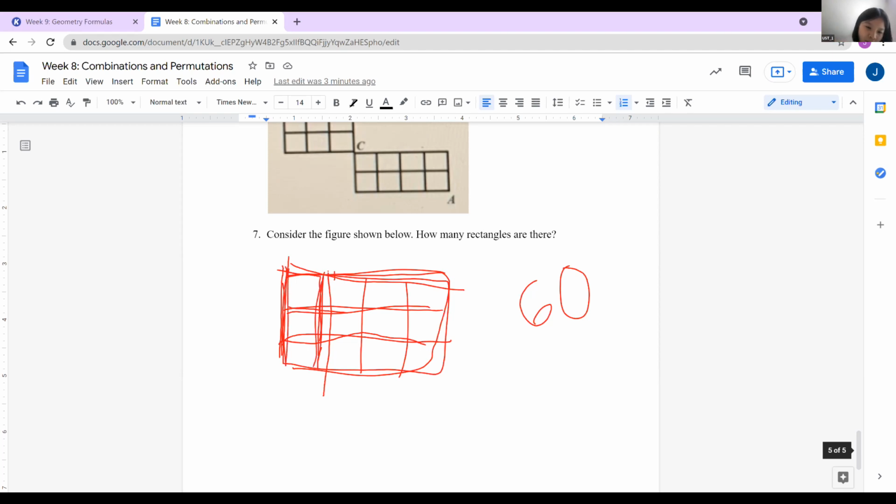So for one dimension, there's 5 lines. You have to choose 2 out of those 5. And for the other dimension, you have 4 lines, so you choose 2 out of those 4 lines. Since those dimensions are independent, you can multiply them with no more adjustments.